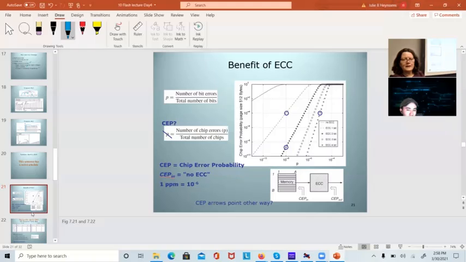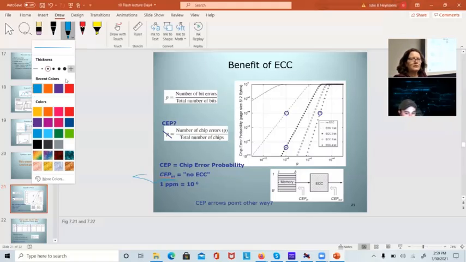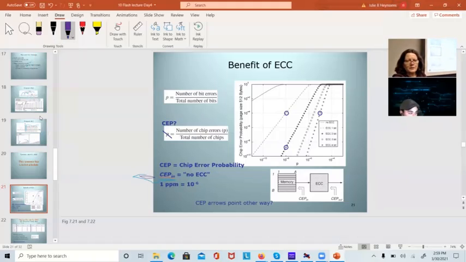The chip error probability is the number of chip errors divided by the total number of chips. And this is when I put the little IN subscript, that generally means intrinsic. I got to go to a different color now. The intrinsic level is what the error rate would be if I had absolutely no error correction.